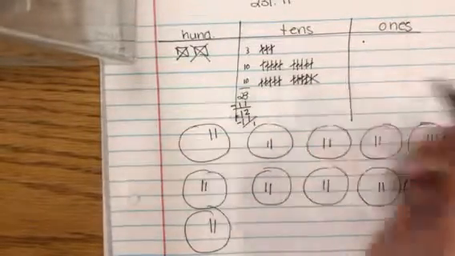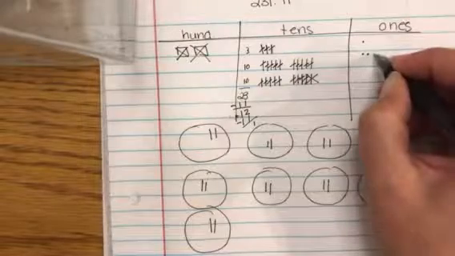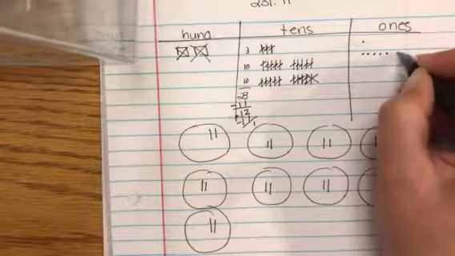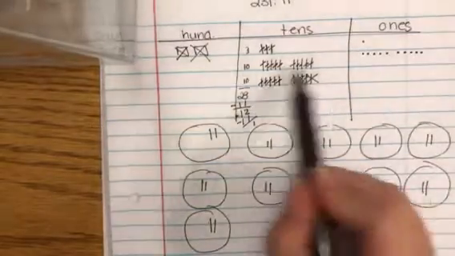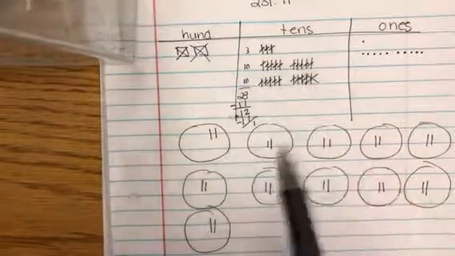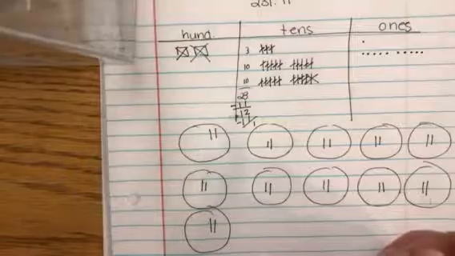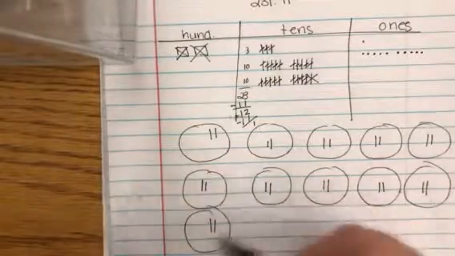So I'm going to trade for 1, 2, 3, 4, 5, 6, 7, 8, 9, 10. So I put them in rows of 10, but I group 5 and 5. So I try to keep them organized so I don't make a mistake with my numbers. So I have 11.